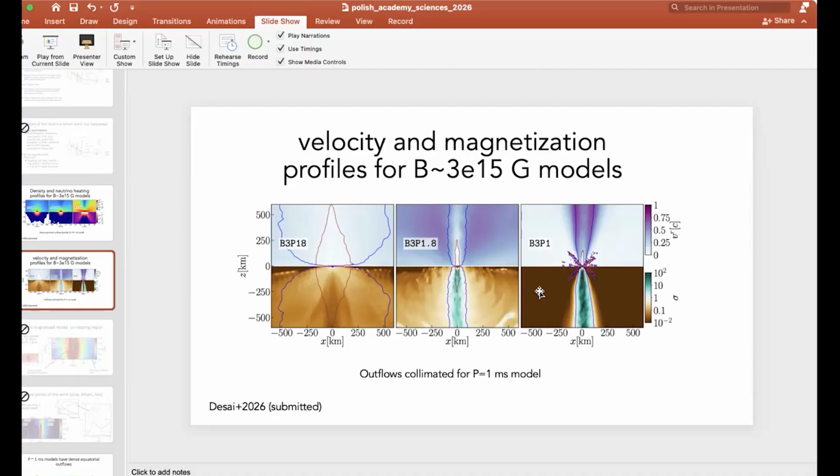Because the field lines would be heavily loaded with mass, and so it's hard to achieve this high magnetization. But we're showing here that you can actually, in the polar direction at least, even if not in the equatorial region, still achieve this high magnetization. And with time, this magnetization would really only increase due to the decreasing neutrino luminosities. Does that answer your question?